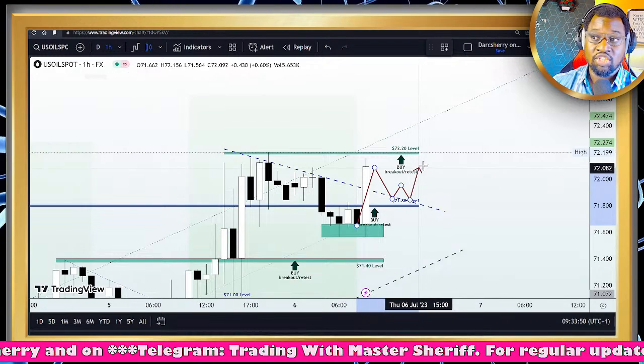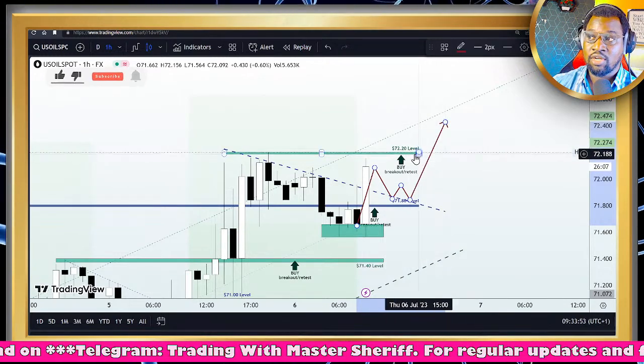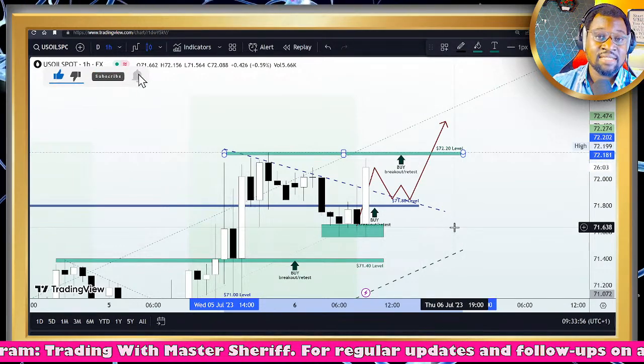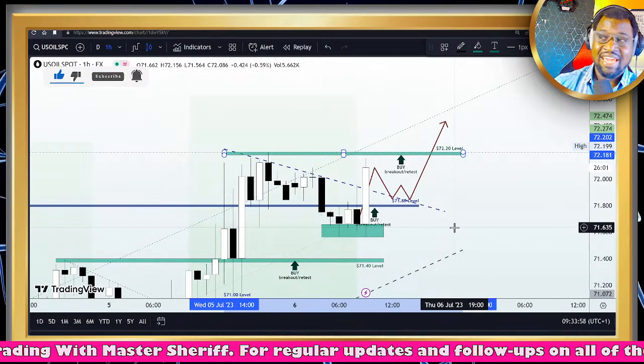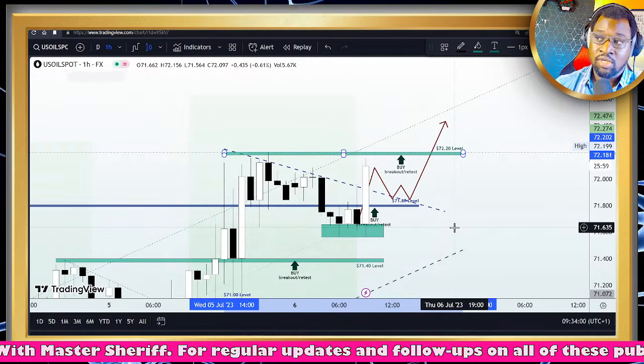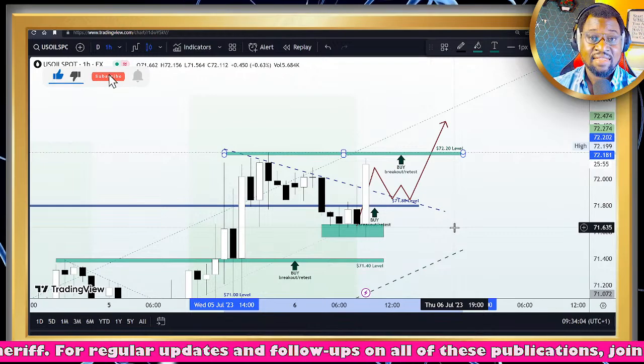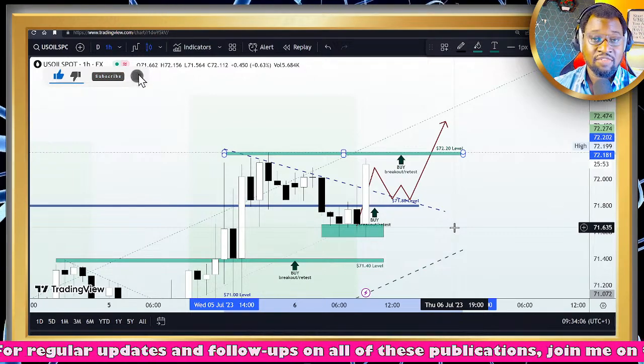And then with that situation running, we have a buy stop order above the $72.20 level to maximize the potential of this bullish move. In fact, I'm going to be having a buy stop order above the $72.20 level. And the reason why I'm having that is that I'm already profitable for the week.